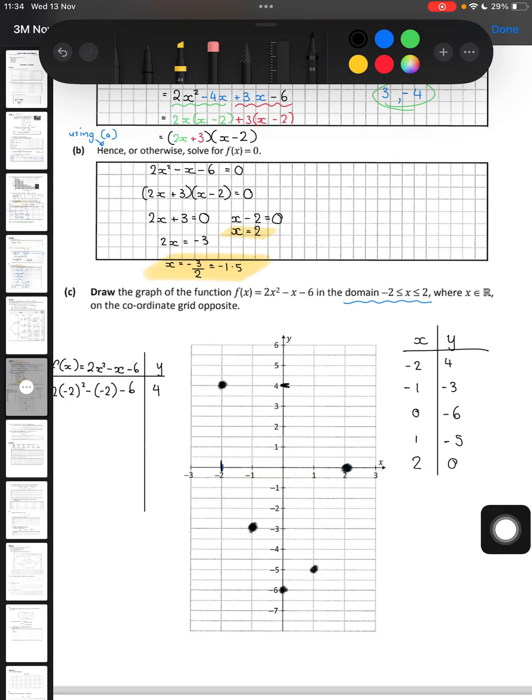So is this symmetrical around the y-axis? No, it's not symmetrical around the y-axis, so I'm not expecting that this -6 will be the lowest point. I'm not expecting a graph that's going to be like this. What I'm expecting is that it's probably symmetrical somewhere around there, slightly after the y-axis.